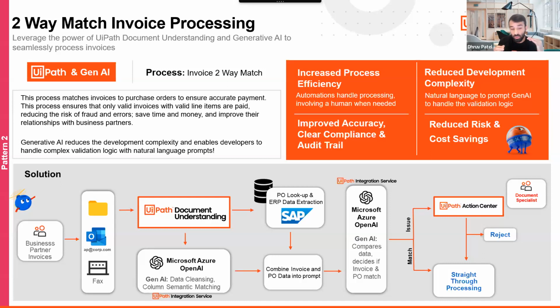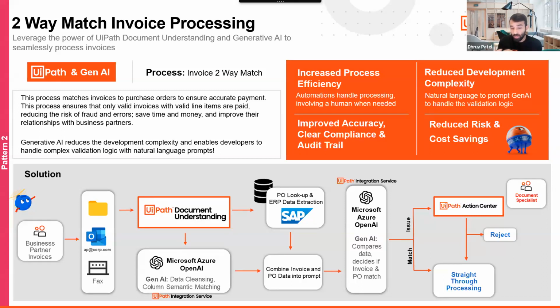The first thing I do is some data cleansing and some semantic matching, getting the columns in the right format to match what I have in the SAP system. Once I have the extracted table from the invoice in that format, I go into SAP and look up the corresponding purchase order. You got that purchase order number from Document Understanding, so I'm able to extract the data from that.